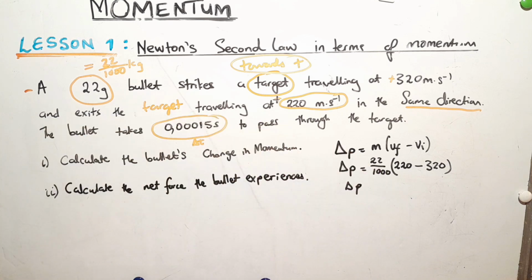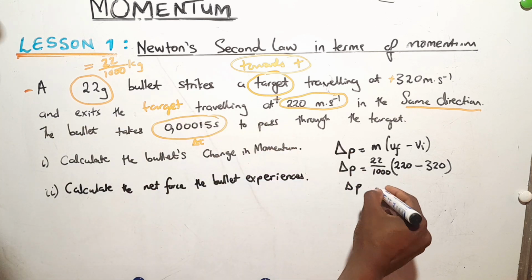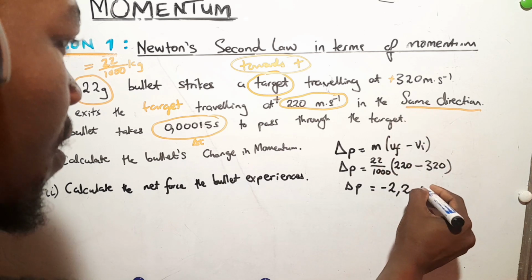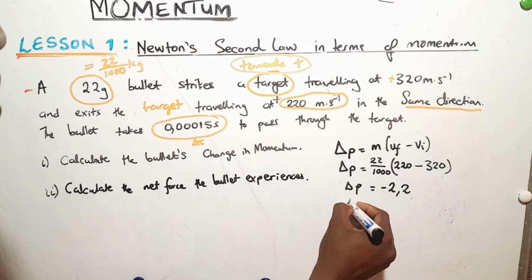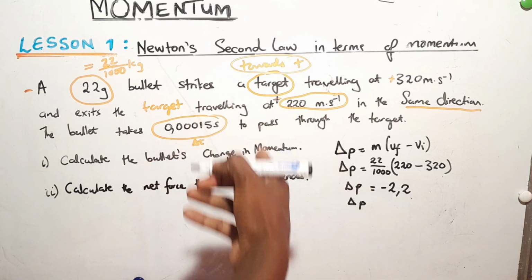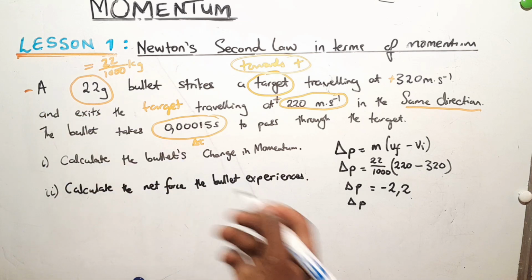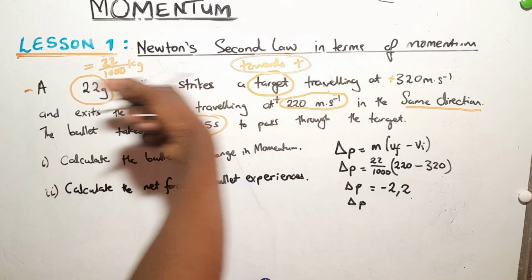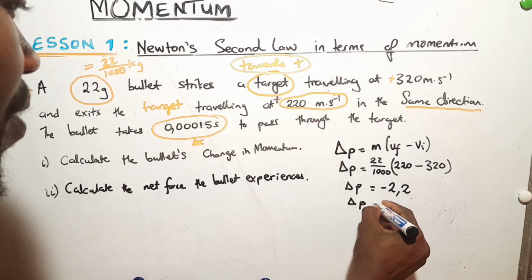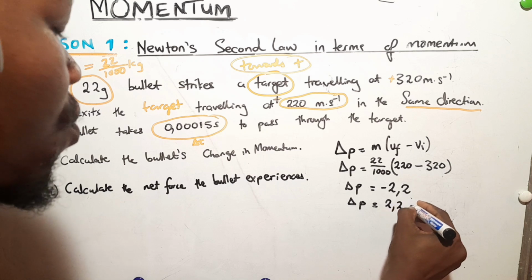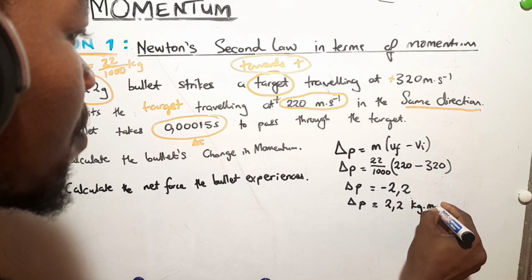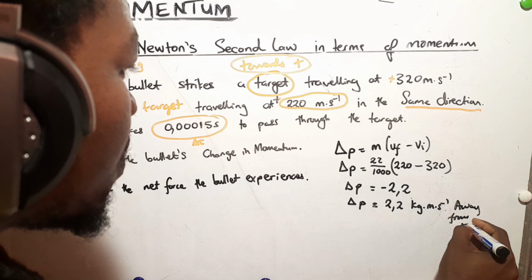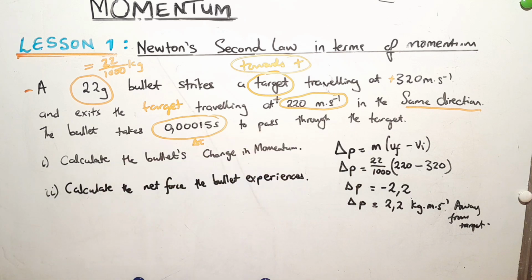So our change in momentum we get negative 2.2. This is a negative value, right? As we said, towards the target is positive, so away from the target will be negative. So this negative shows us that our change in momentum is away from the target. So our change in momentum will simply become 2.2 kg m/s away from the target. As simple as that.